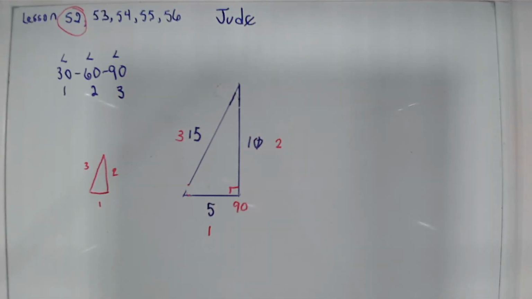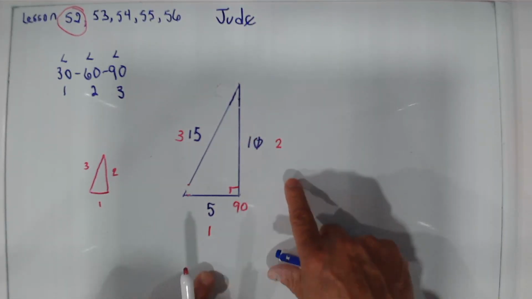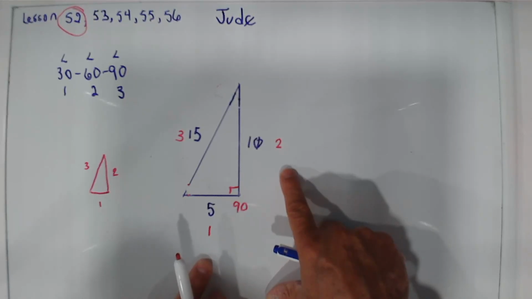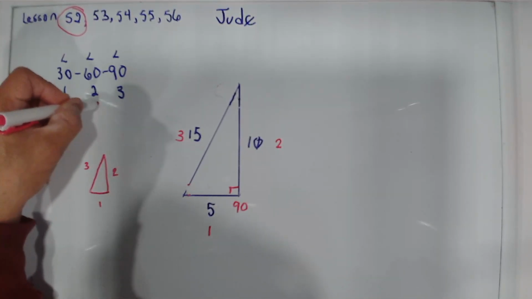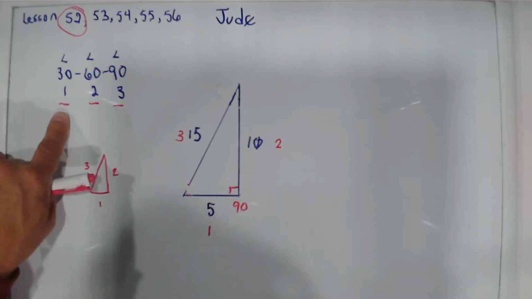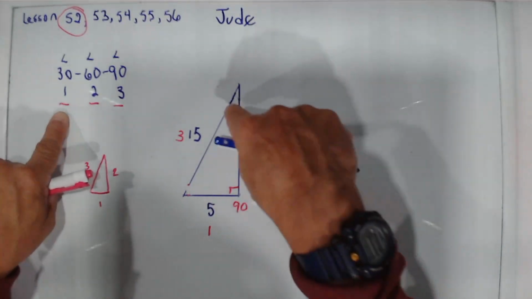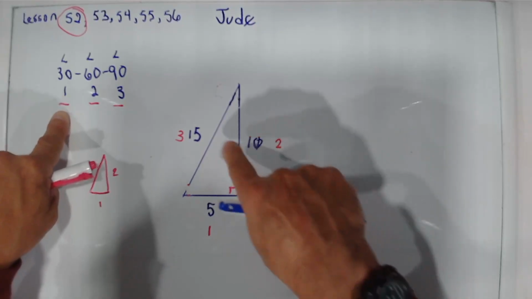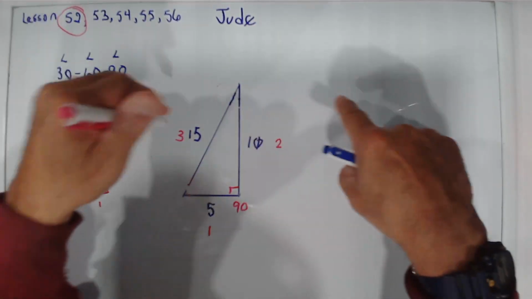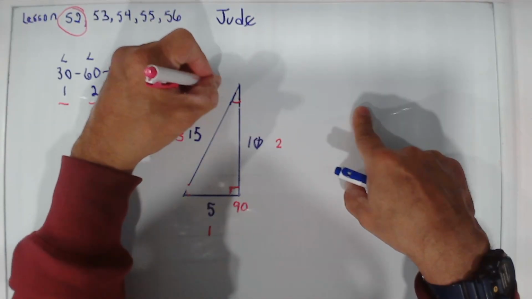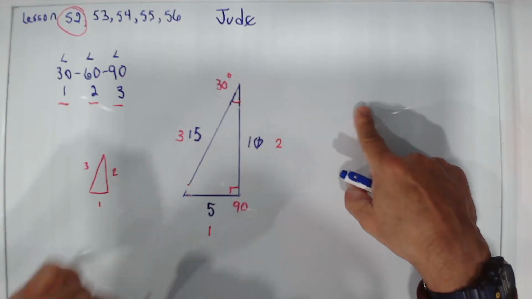And what do we know about a triangle like this? Well, we see the ratios are 1 to 2 to 3. That means that the short side here, which is 5, has got to have this angle be 30 degrees.